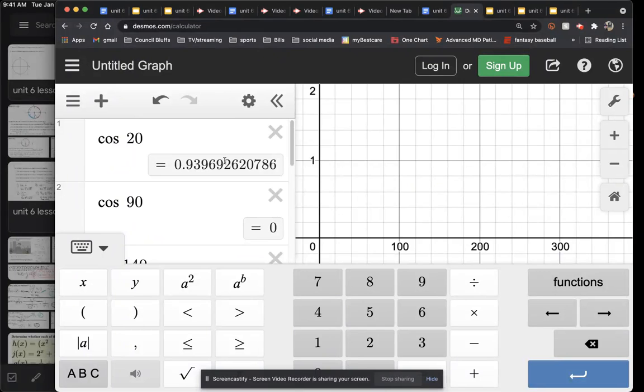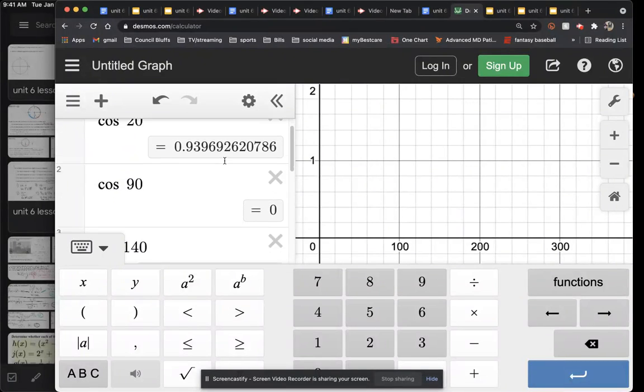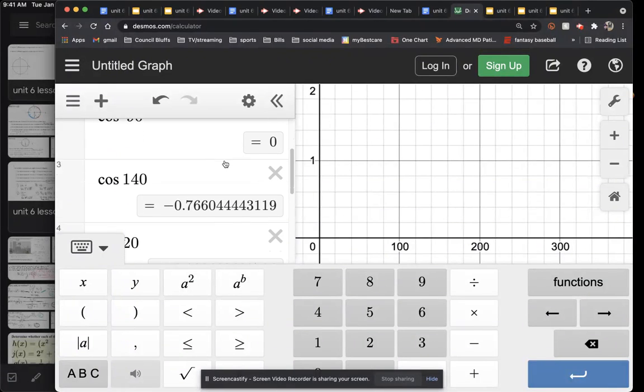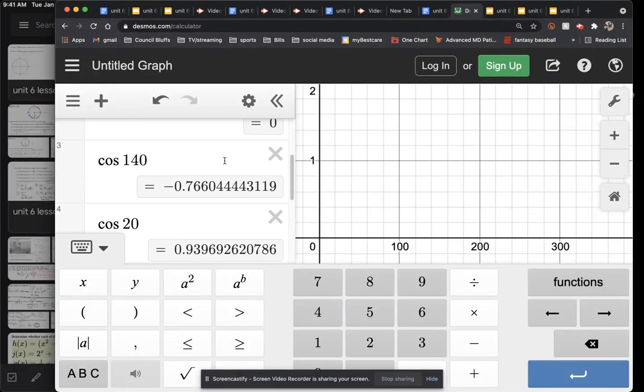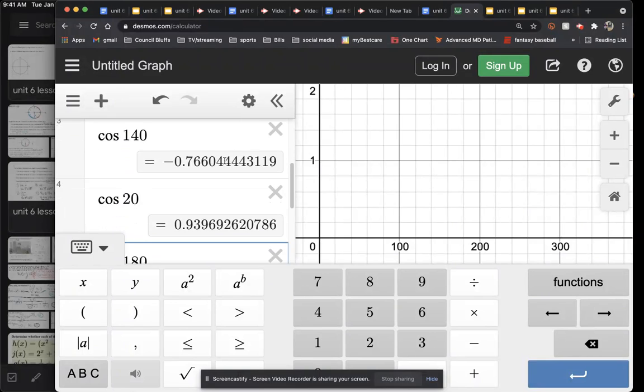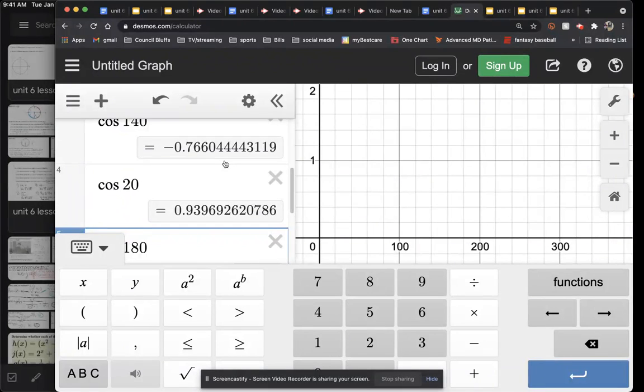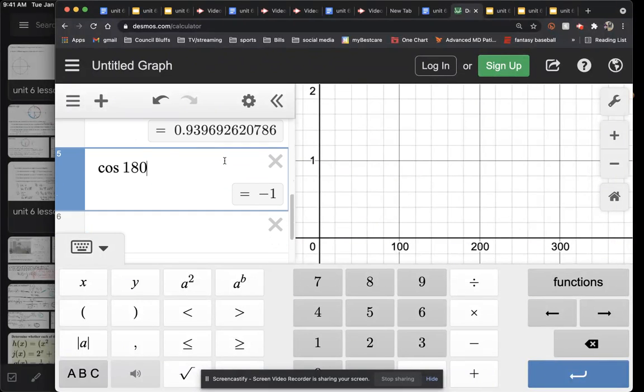So I can fill those numbers into the table: 0.94, 0, negative 0.77, 0.94, and negative 1.